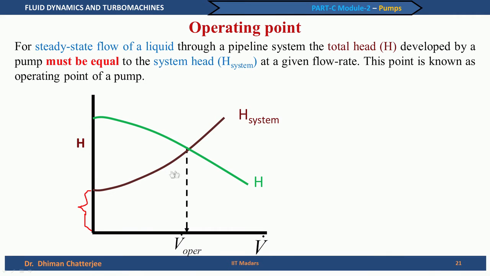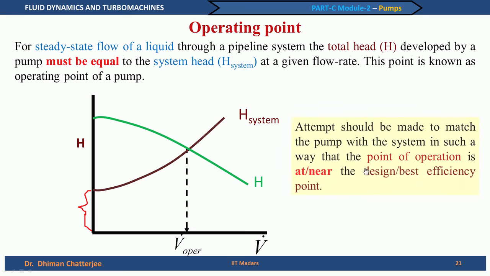Then there is no flow taking place, but the energy is being supplied, the water is churned. This head is called the shut off head of a pump. Normally we try to operate near the best efficiency point, as I have shown in the other curve, the efficiency curve.